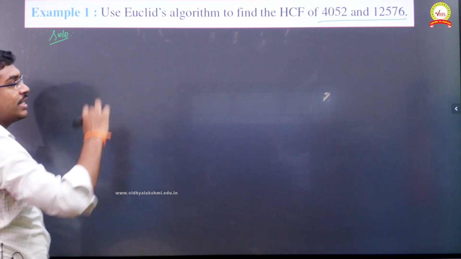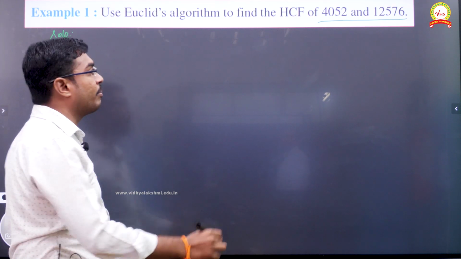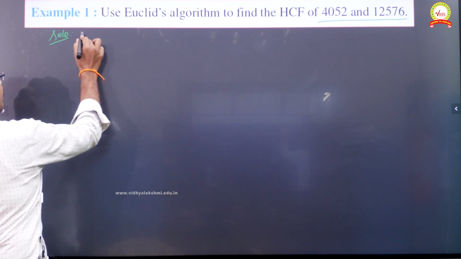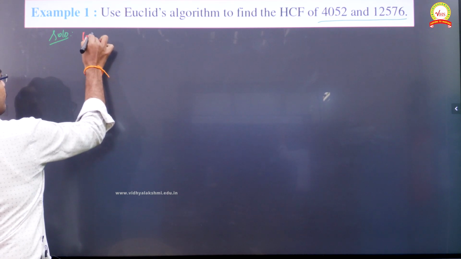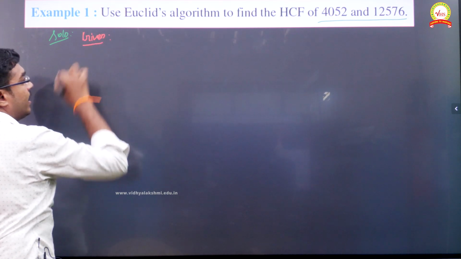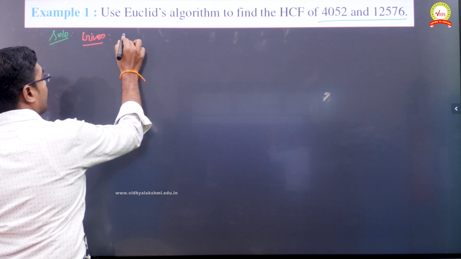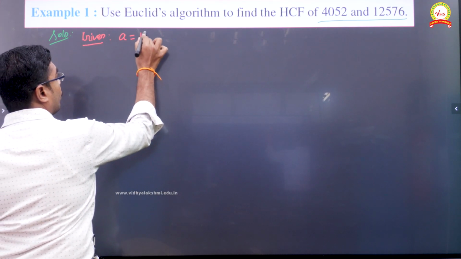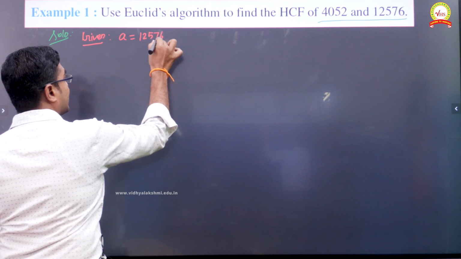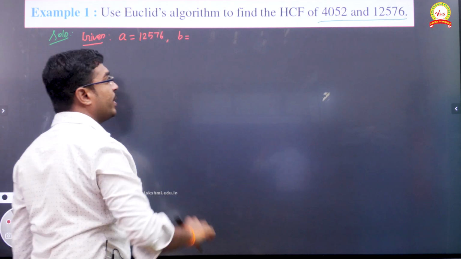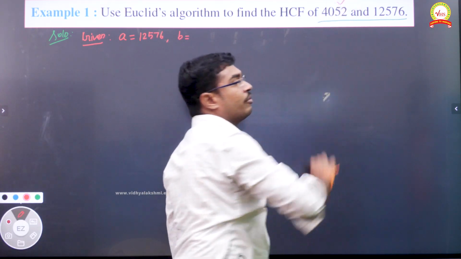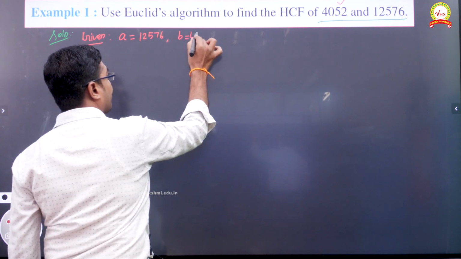Solution. So which is the larger number for the given numbers? 12576 is the larger number. So I am going to take A as 12576. I am going to take B, the smaller number, as 4052.